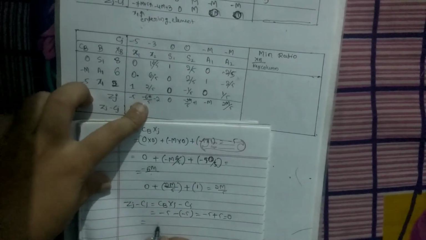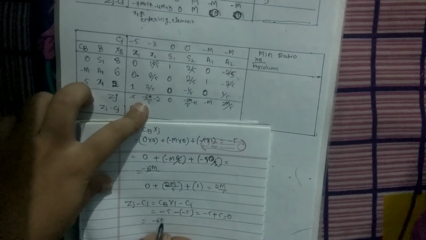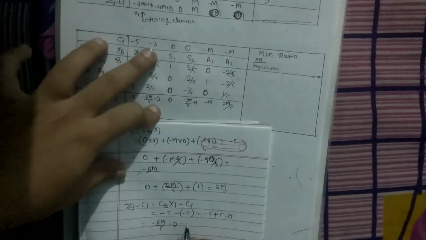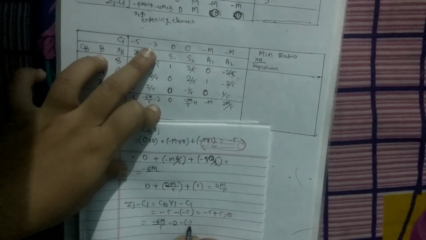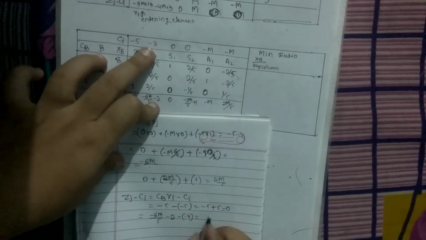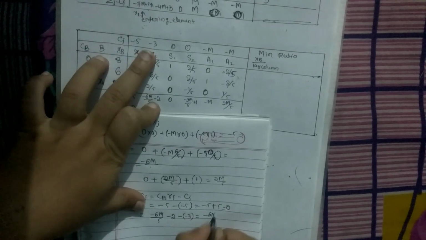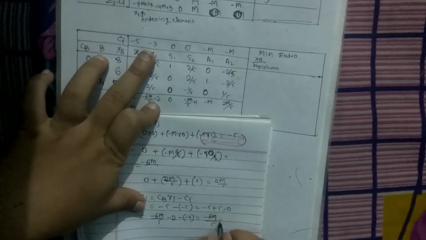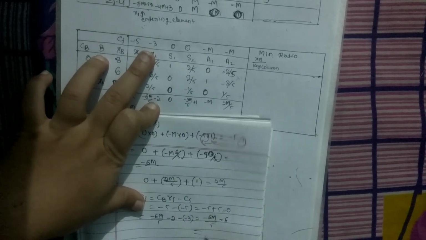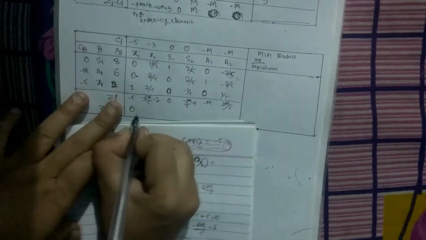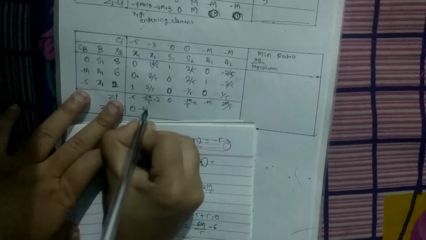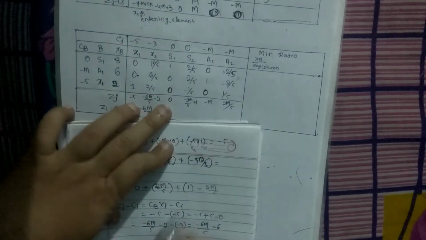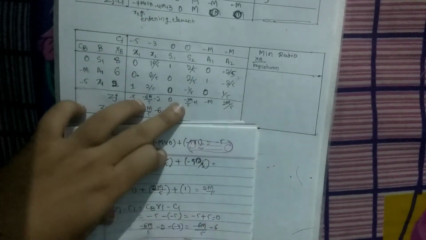Next, minus 6m by 5 minus 2, minus as it is, Cj is minus 3, become minus 6m divided by 5, minus into minus plus, plus into minus minus 6, that is minus 6m by 5 minus 6, and next 0 minus 0 is 0.